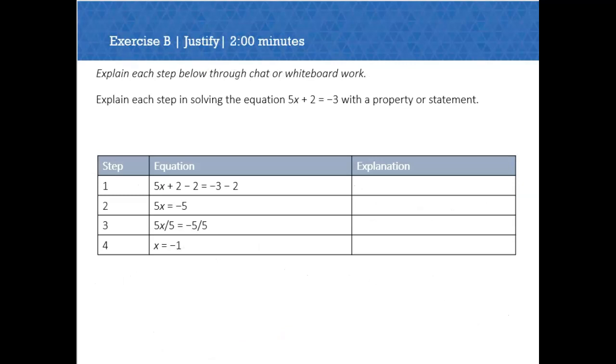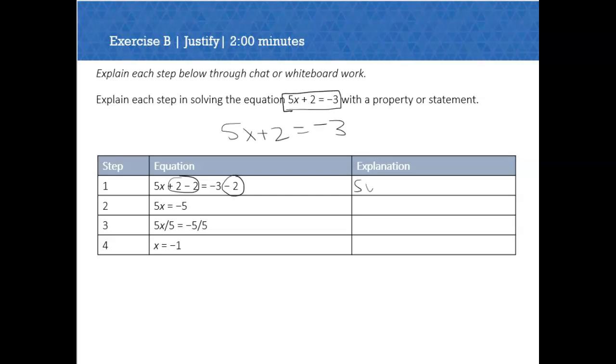This one is just asking you to identify which properties. I just want to go over that in case you see that on a multiple choice. 5x plus 2 minus 2. So we see they did plus 2 minus 2, negative 3 minus 2. They subtracted 2 from both sides to get started, because this is the original equation. So they chose to minus 2 to both sides first.